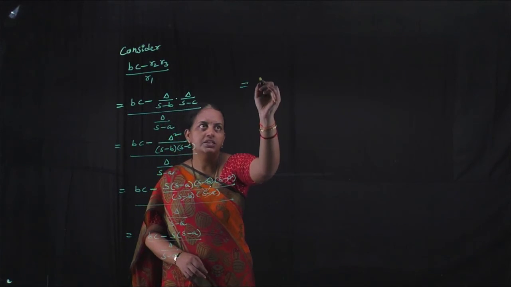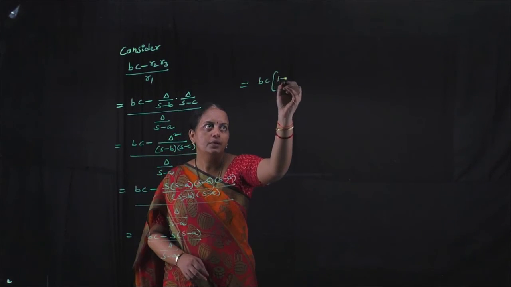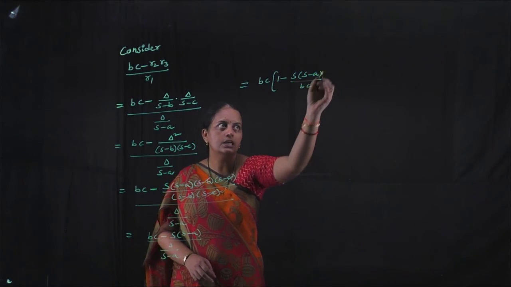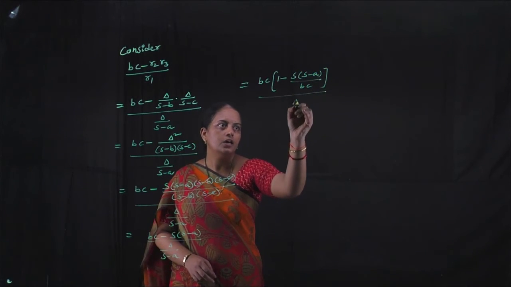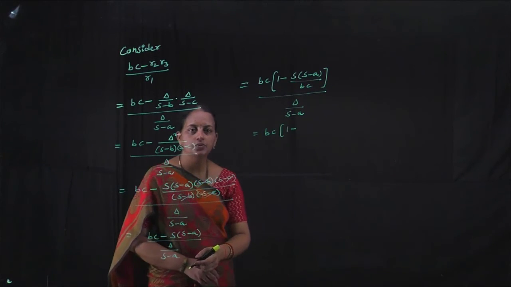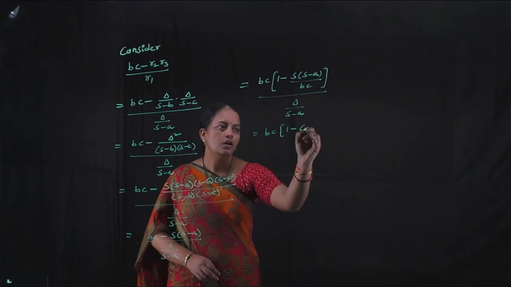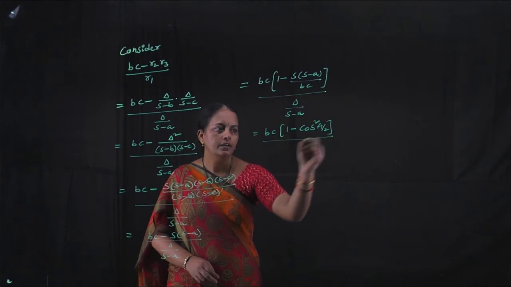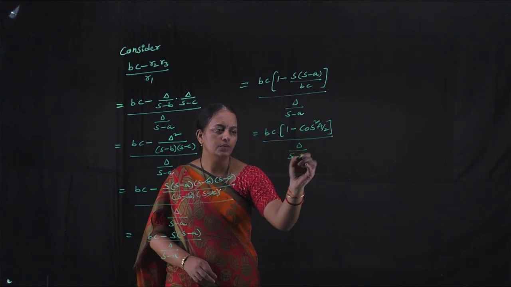So we get BC into 1 minus S into S minus A by BC, by delta by S minus A. This is equal to BC into 1 minus S into S minus A by BC, that is cos square A by 2, by delta by S minus A.